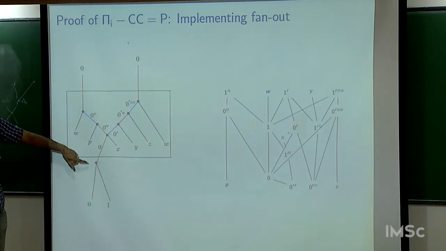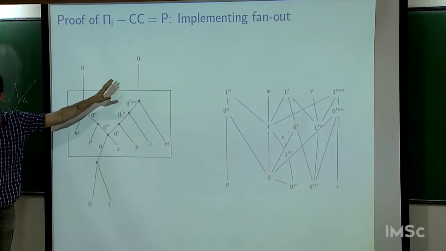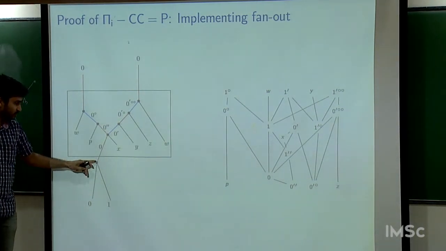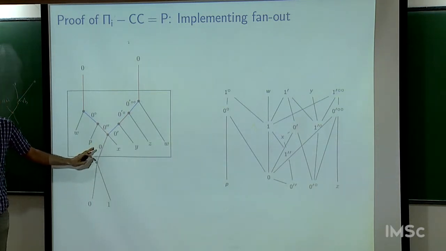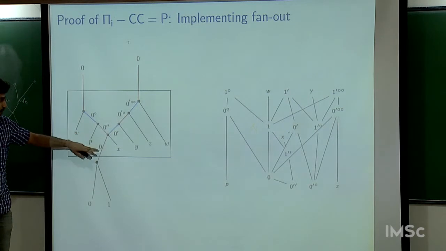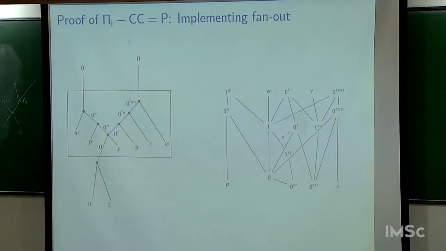And so the output is obviously 0, and you get 2 zeros here. So basically this box is implementing fan out. This is just an example, but it works for any value on this wire. So even if this value were 1, then we would have got 2 ones here.